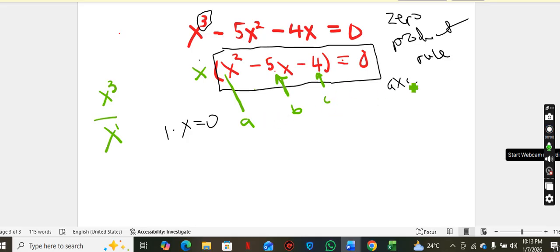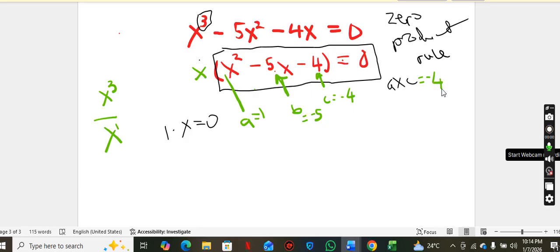So when I say multiply a times c, a equals 1 in this case, because the coefficient of x squared is 1. b equals -5, because the coefficient of x is -5. And c equals -4, the constant. So when you want to solve a quadratic by factorizing, you multiply a times c, 1 times -4, which is -4.